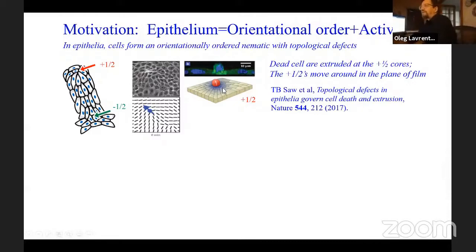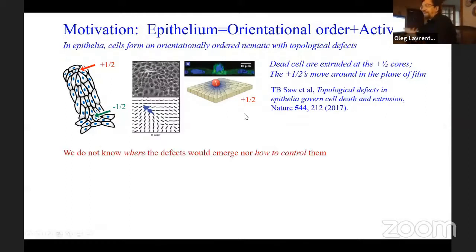It turned out that the cores of the defects of strength +1/2 serve as the places where the dead cells are being expelled from the tissue. We know that our skin sheds dead cells, and in this paper, researchers demonstrated that the expulsion of dead cells occurs at the centers of the defects.